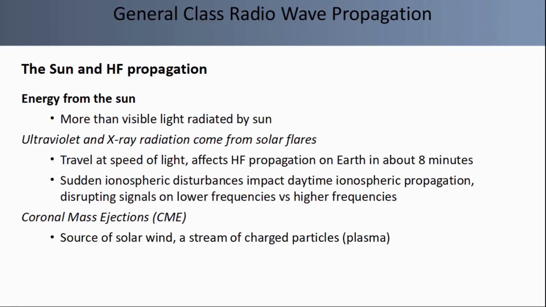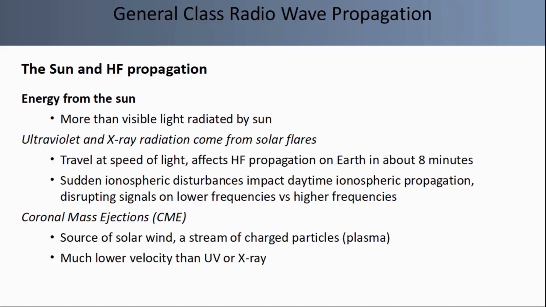They are actually the source of what's known as the solar wind, which is a stream of charged particles coming from the sun. It's plasma. And a CME can generate a huge plume of plasma. And if it happens to be pointed at Earth, it will get here and can have impacts.